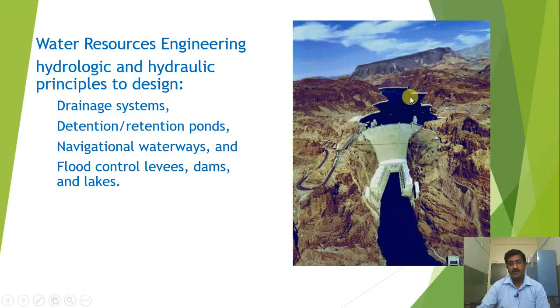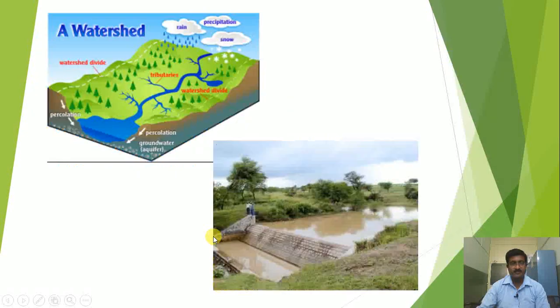If you see, the water is stored behind the dam, it is called the reservoir, and on the downstream side we are releasing the water by using canals and all the structures, such as canals, tributaries, troughs, etc. All these elements we are going to study in depth. Also you can see these two figures. In the watershed we will also have to study the various watershed divides, tributaries, percolation of groundwater, aquifer, and percolation in the groundwater by various phenomena.